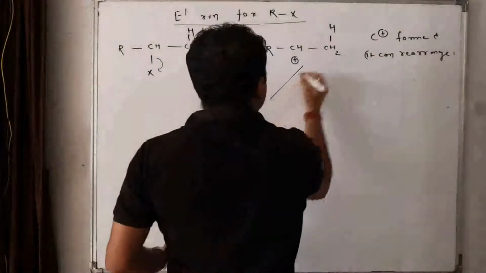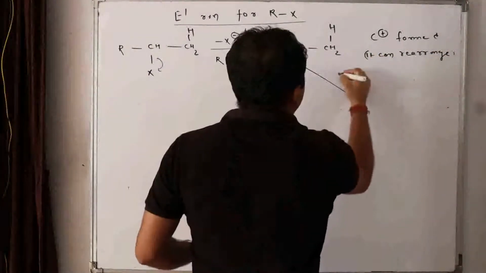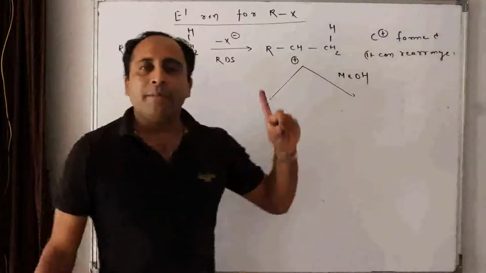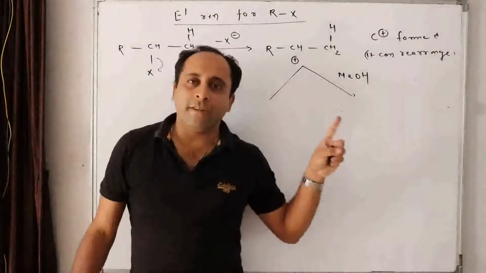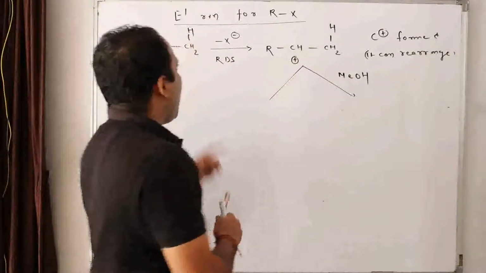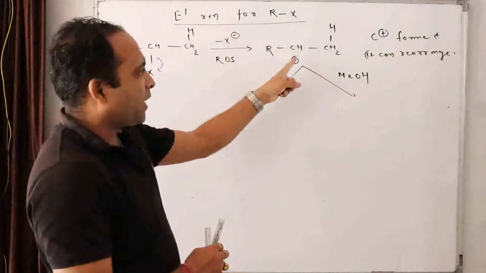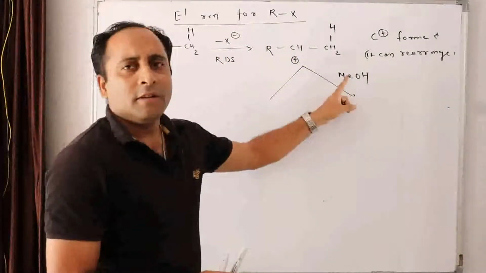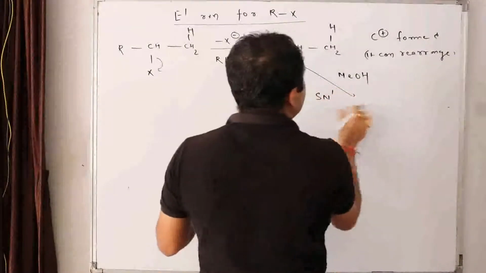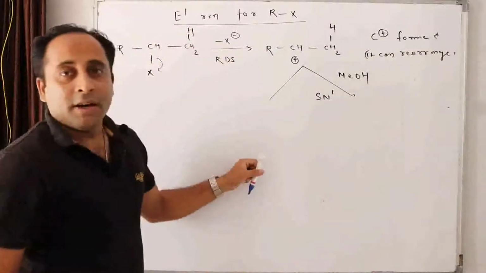Now, to this, if I add methanol, do you remember that methanol is a weak nucleophile also? That means, after forming the carbocation, if I treat it with methanol, the dominating reaction is the SN1 reaction.